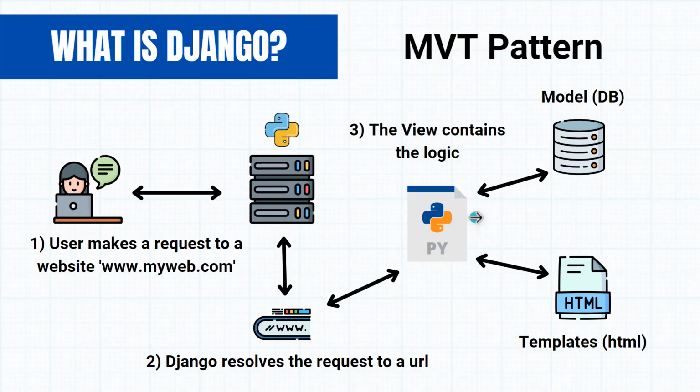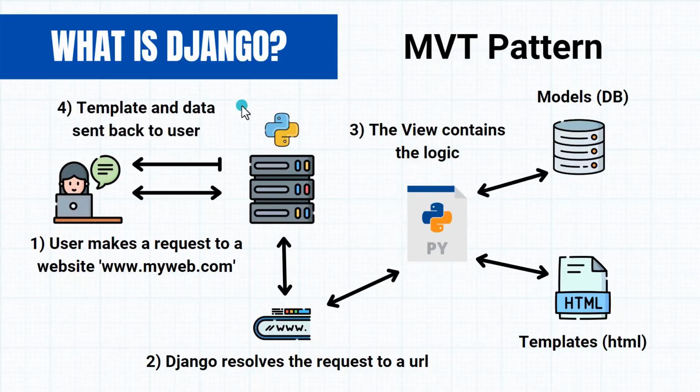So for this homepage, it might grab the homepage HTML, so an index.html page, and the correct data about the business or product, and package those up and send that back as a response to the user. So it'll send back this template that's been injected with the correct data, sent back to the user, and the user is able to see the fully built out homepage.